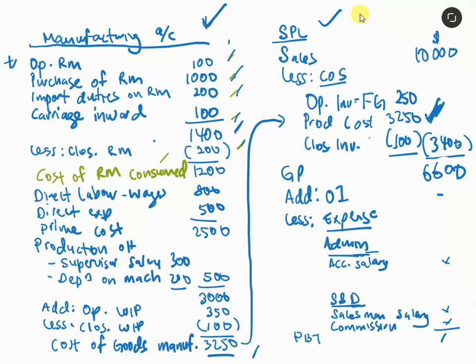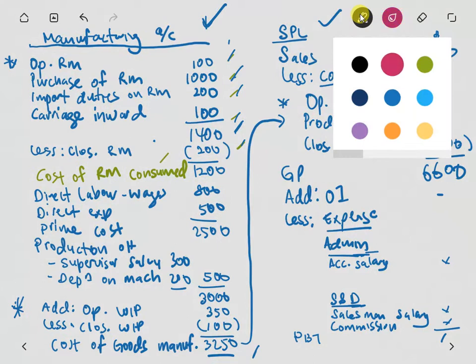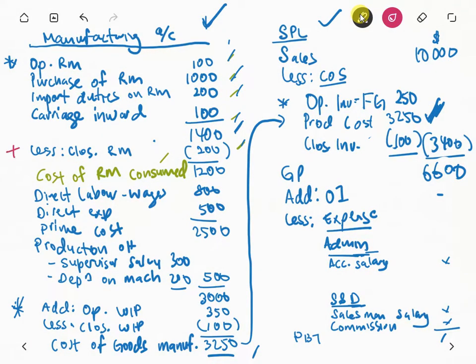Opening raw material, opening WIP. Where's my opening finished goods? SPL. Do I have closing raw mat? Closing raw mat, closing WIP, closing finished goods. Three types of inventory.